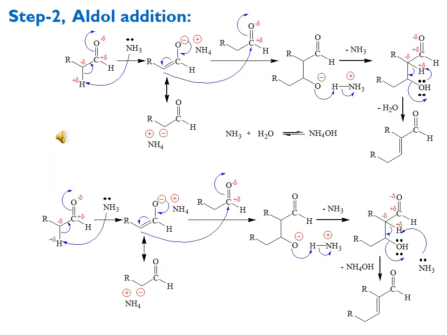Here is the second step of aldol addition. Here you can see the ammonia acting as a base abstracts the proton, that is, the alpha proton of the aldehyde functionality. Due to the electrophilic character of this carbonyl group, the alpha carbon is acidic in nature, and the proton can be abstracted easily because the resulting anion is resonance stabilized.